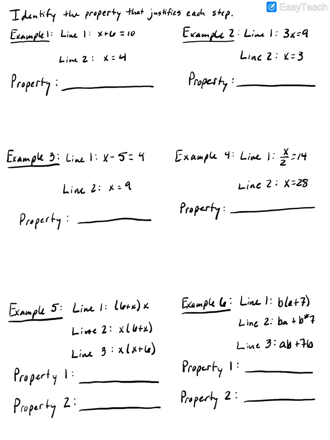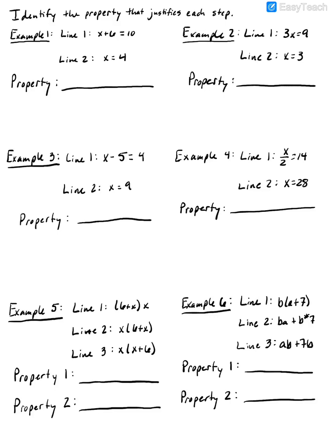For example 1, in line 1, I have x plus 6 equals 10, and then from there I go to line 2, and it says x equals 4. We need to recognize what allowed me to go from x plus 6 equals 10 to x equals 4, and then identify that property.